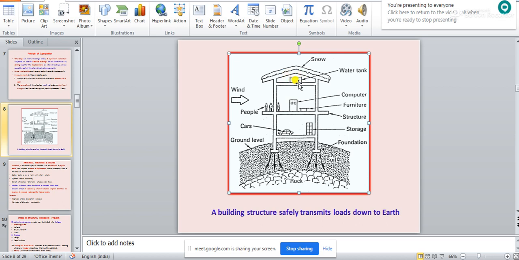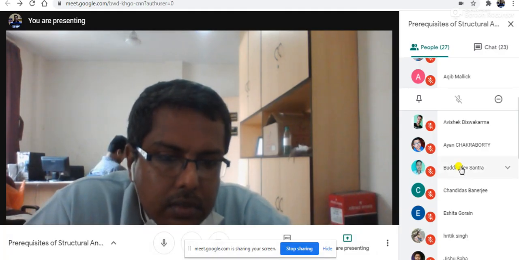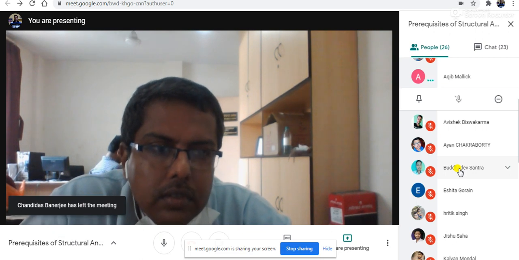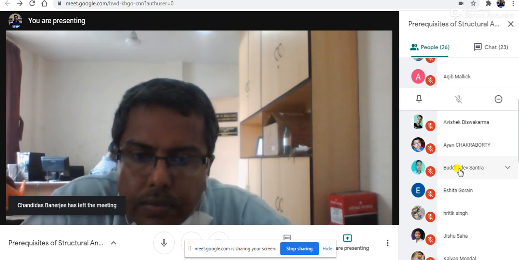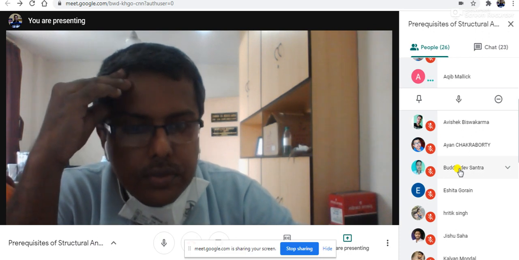Which kind of load will this water tank load be?